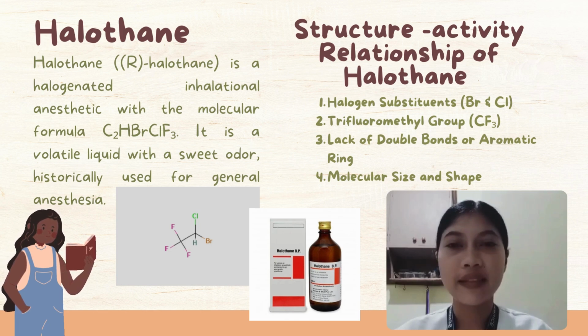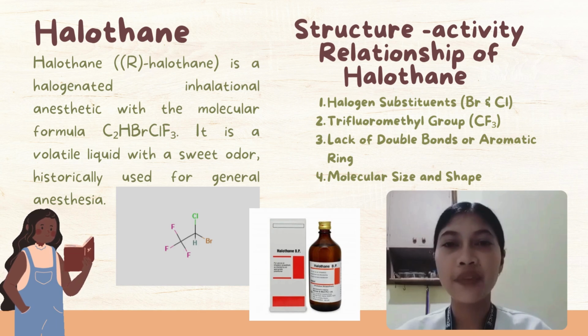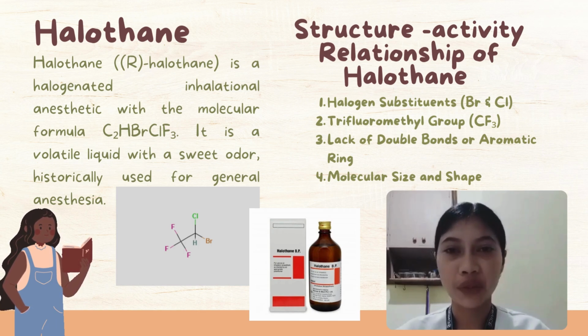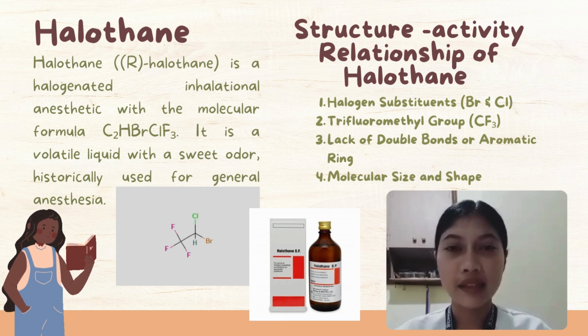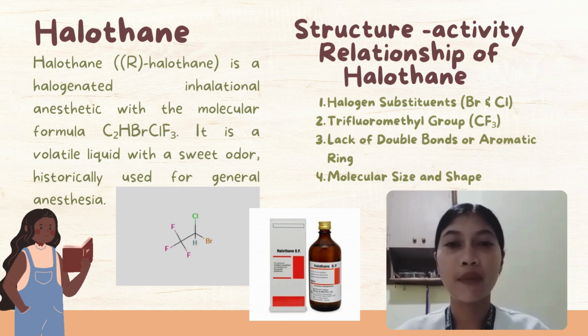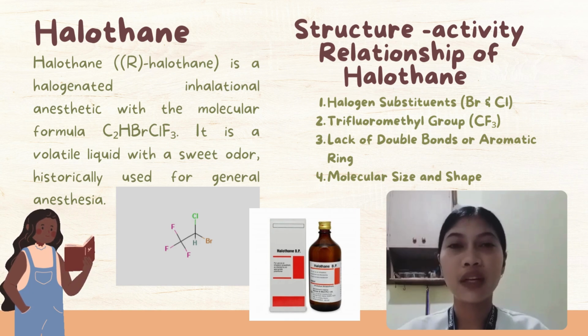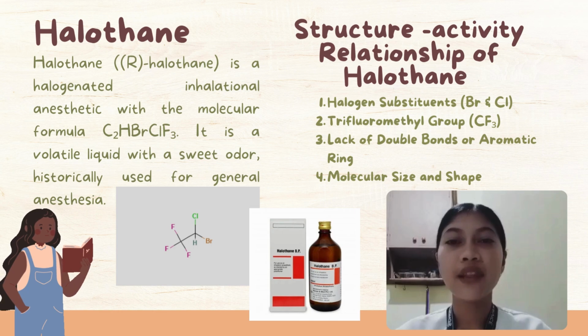The third is the absence of double bonds or aromatic rings. Halothane lacks double bonds and aromatic structures, which minimizes the potential for toxic metabolite formation during metabolism, making it safer for clinical use. The fourth and last is its molecular size and shape.